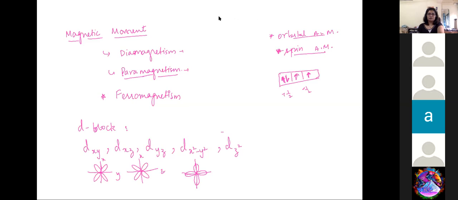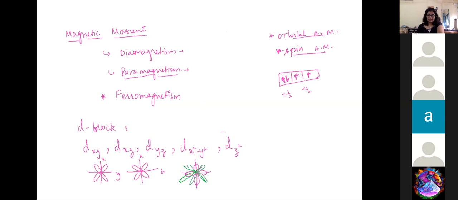I'll just display it in a different color. So if you compare it with xy, xz and all that, you have xy aligned in between the axes, and then you've got xz and of course yz also aligned in between, like over here, behind and ahead of the screen.